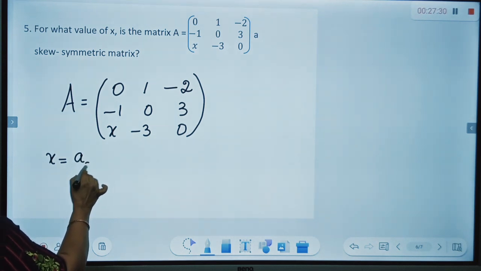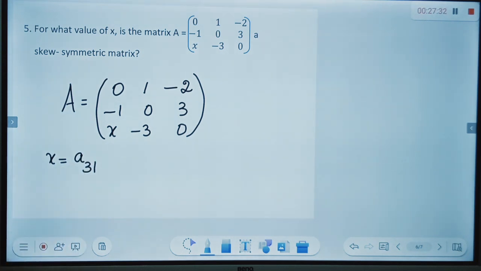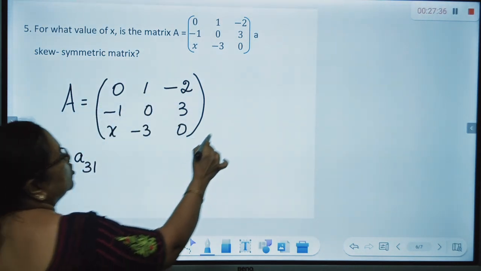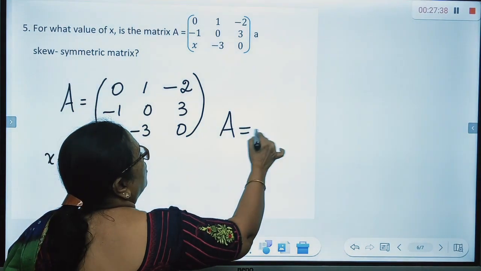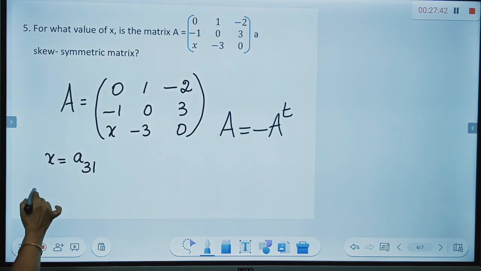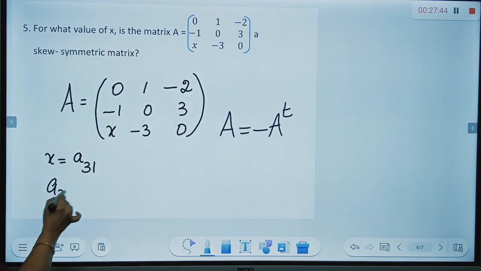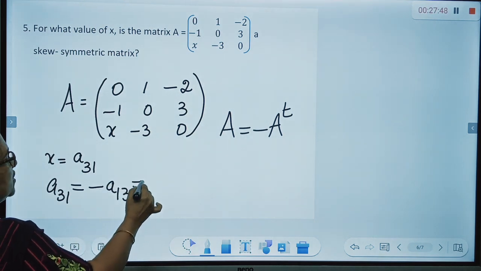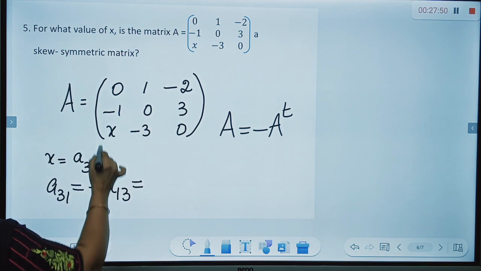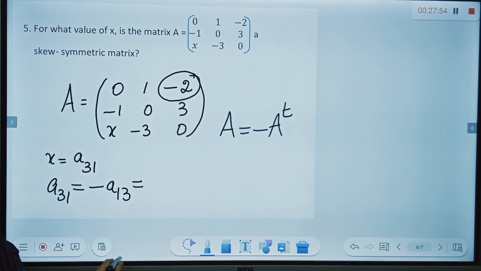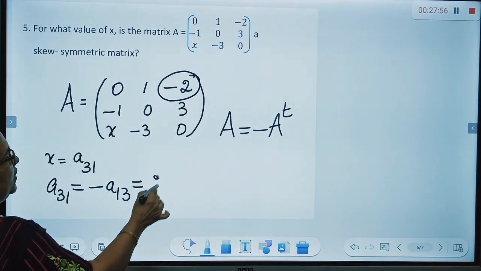It is in the third row, first column. Now, what sort of matrix is A? Skew symmetric. So, A equal to minus A transpose. So, A31 is minus A13, which is, what is A13? First row, third column. This is A13. So, minus A13 will be 2.